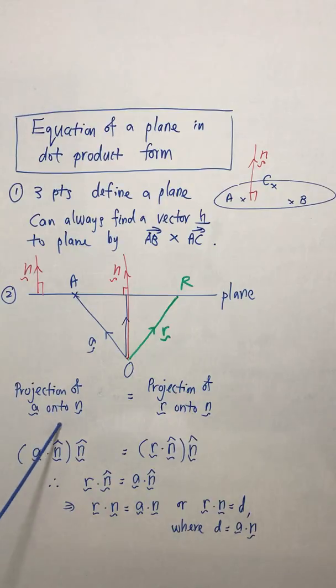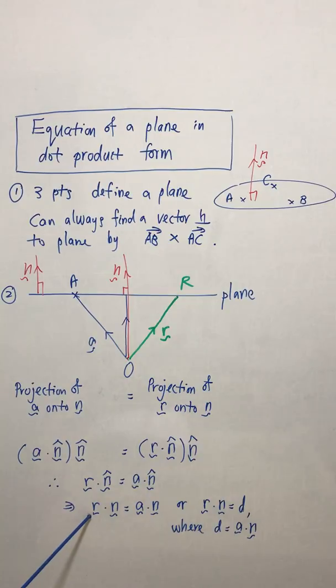And so these two must be the same vector. Because these two are the same vector, I can conclude that the multiple of n cap on the left and the multiple of n cap on the right must be the same. And removing the modulus of n on both sides, I just get the vector n instead of n cap.